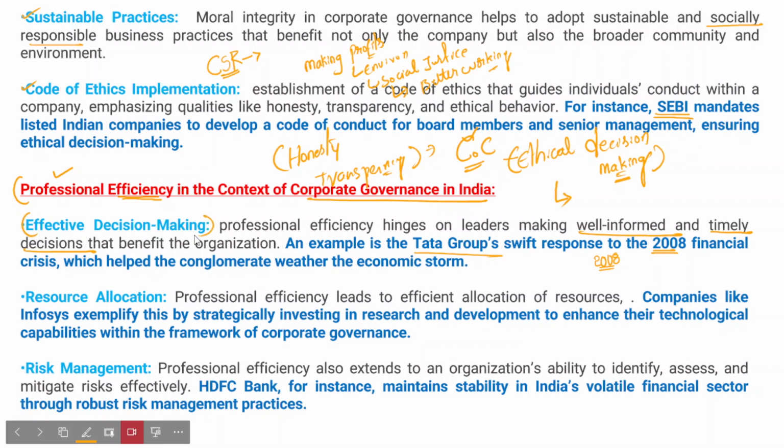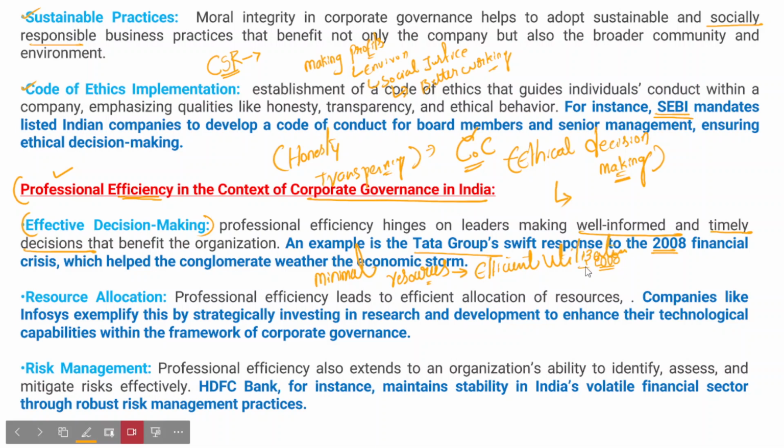Now after that, professional efficiency will also result in better utilization of existing resources within any company, right? Some companies may have minimal or negligible resources, but the overall success of the company lies in efficient utilization of existing resources.